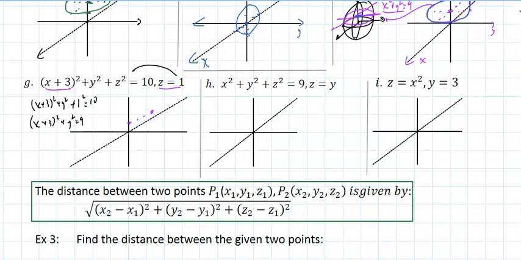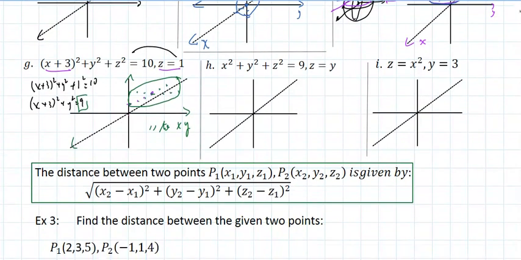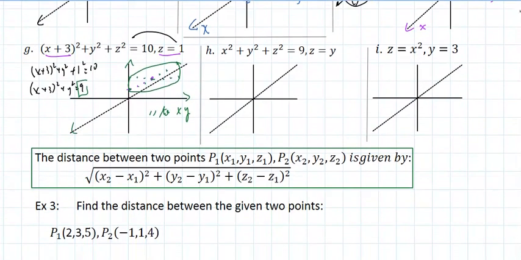And from that point, I'm going to move 3 in the x and 3 in the y, and my circle is going to be tangent to the z-axis. It's going to be parallel to the x-y plane. So this first assignment is going to be a bit confusing till you get the hang of this. Not to worry, I could work that with you as well.